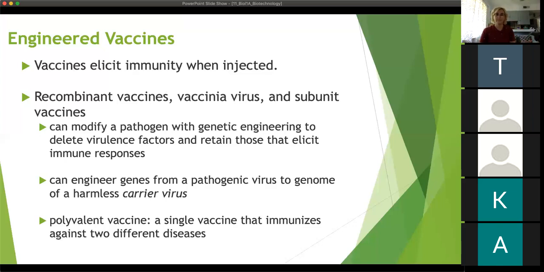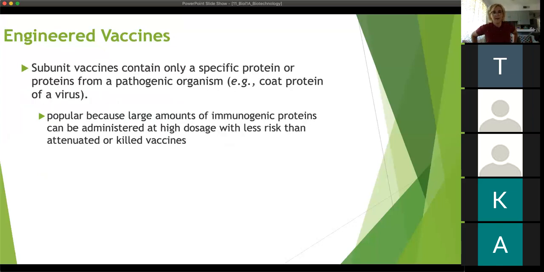I recommend them. And we also have subunit vaccines that are only pieces of bacteria or pieces of a virus that, again, will help a patient mount a really strong immune response.